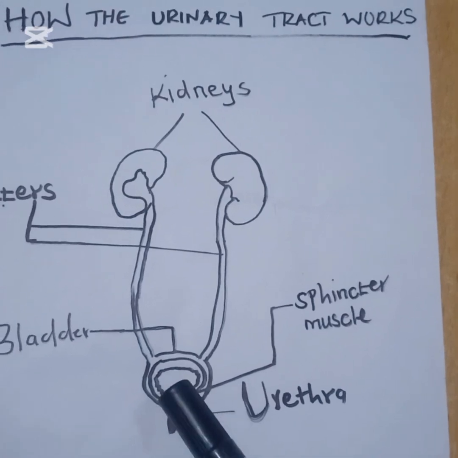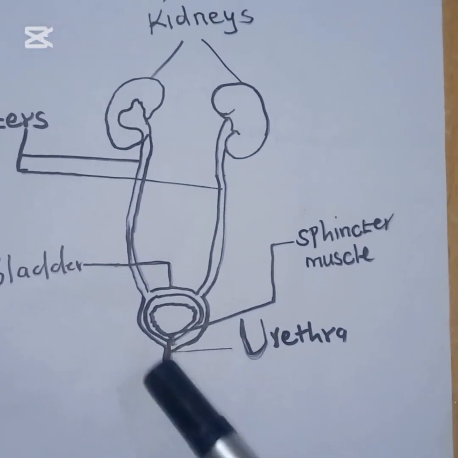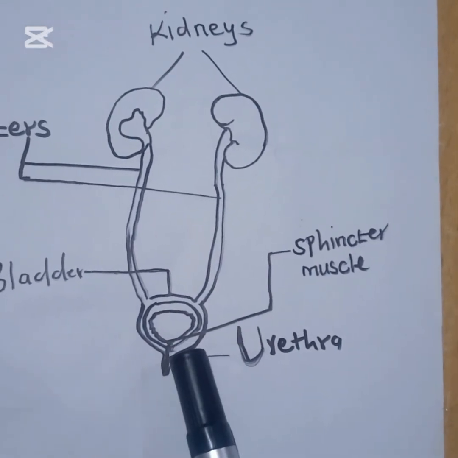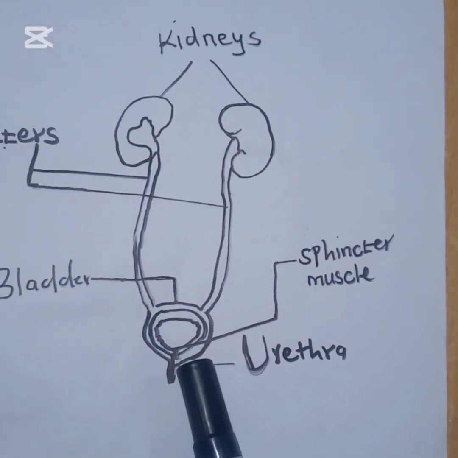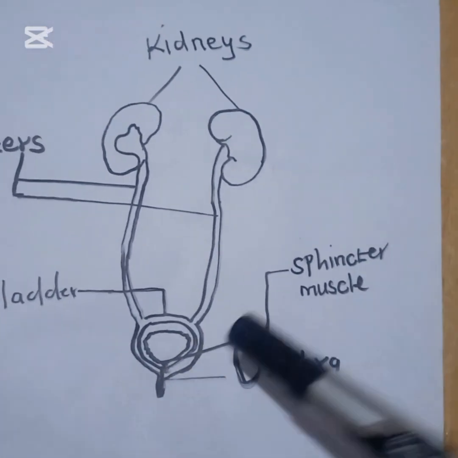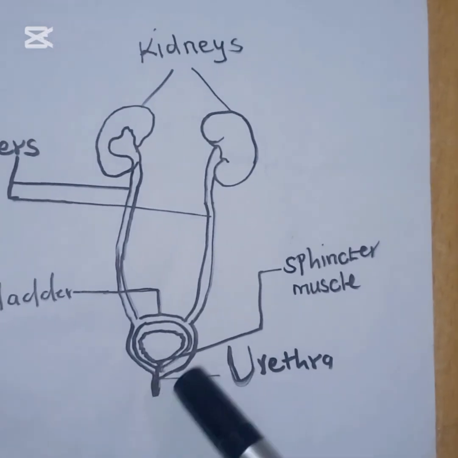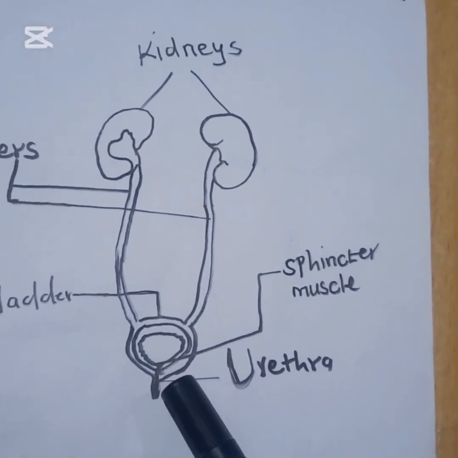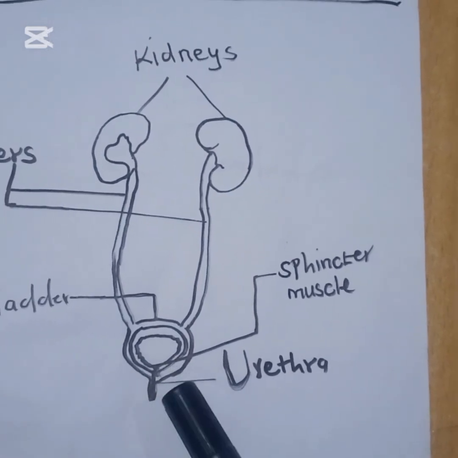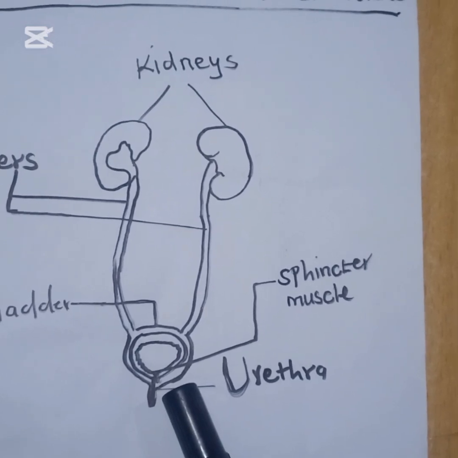Let's go to the bladder. The bladder down here is the temporary storage tank for the urine. It has flexible walls that allow it to expand as it fills. When the bladder reaches capacity, that is when we feel an urge to go and empty the bladder.